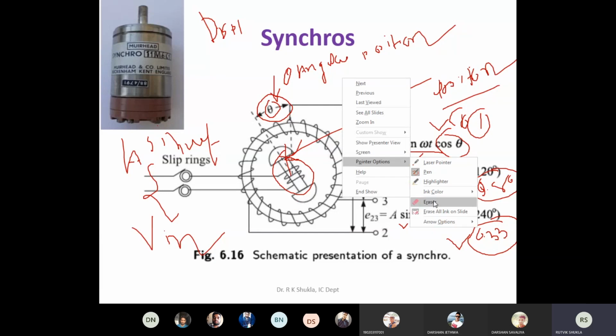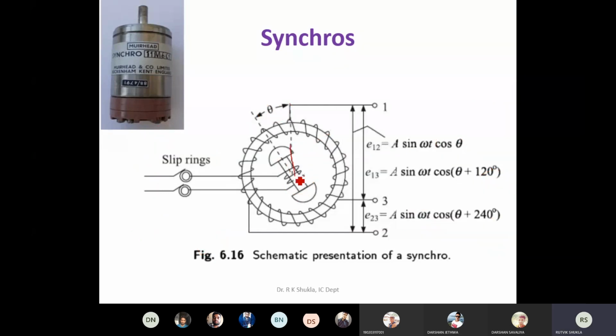I'll just clear everything. Whenever the rotor is placed over here like this, this is the position in which you are getting a minimum reluctance between E12, between 1 and 2.